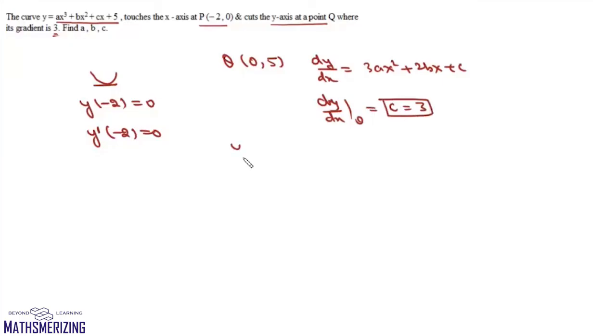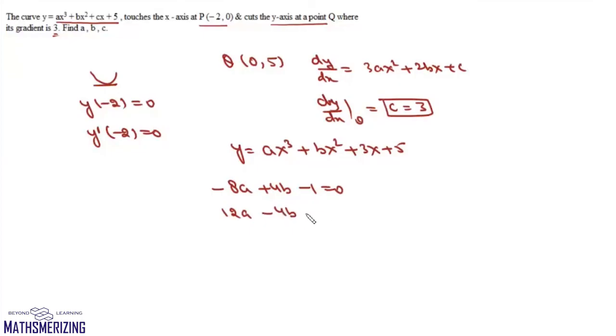So we can write this curve as y equals ax cube plus bx square plus 3x plus 5. Now we put x as minus 2, we'll get minus 8a plus 4b minus 1 equals 0, and y dash of minus 2 is also 0, so we'll get 12a minus 4b plus 3 equals 0.